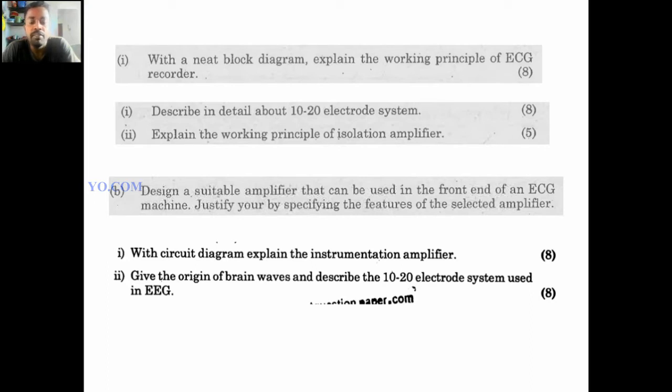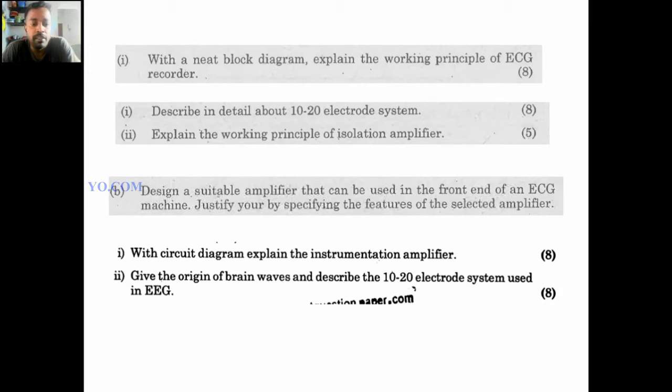So this question is from unit 3, ECG is from unit 2. With the circuit diagram explain the instrumentation amplifier. This is from unit 3. Instrumentation amplifier and differential amplifier are both very important from unit 3.